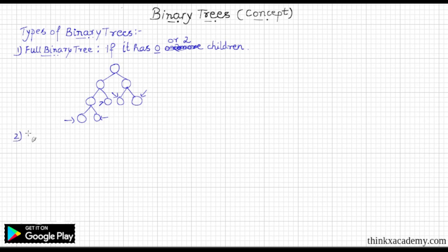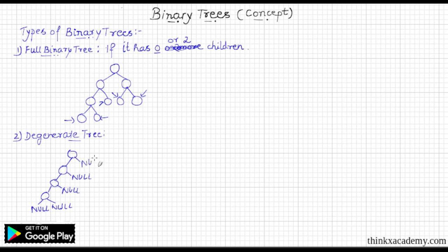The next type of tree that we're going to discuss is the degenerate tree. And a degenerate tree looks like this. And this is null. These all are null.